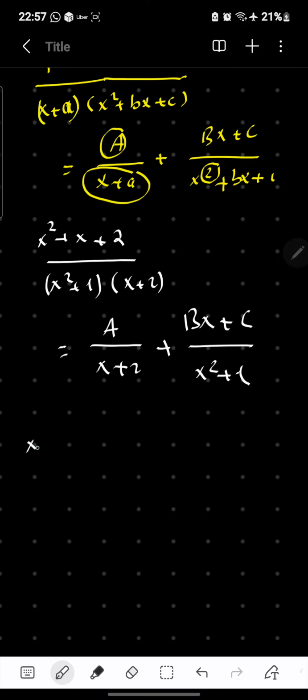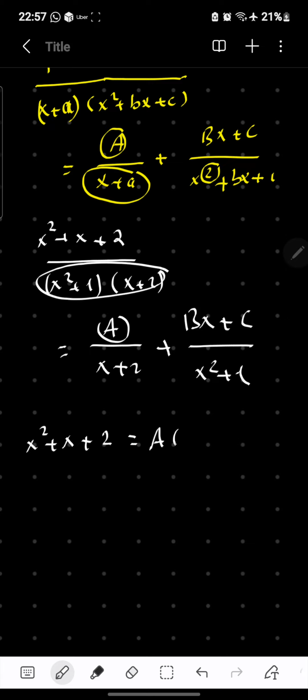So, cross multiplying again, x squared plus x plus 2 equals, when we multiply this by a, we can cancel x plus 2, so it will be a times x squared plus 1 plus bx plus c times x plus 2.